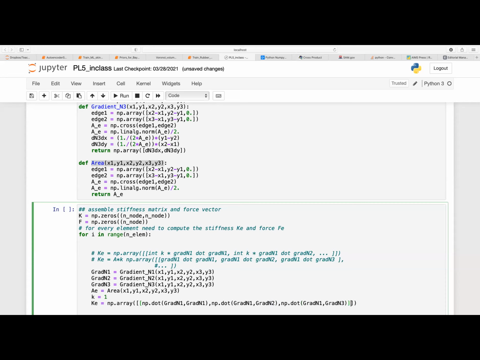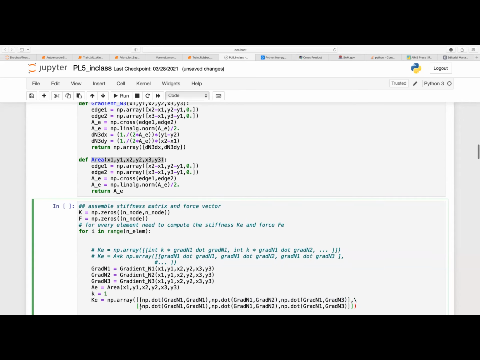So this is the first row. And the second row is N2, N2.